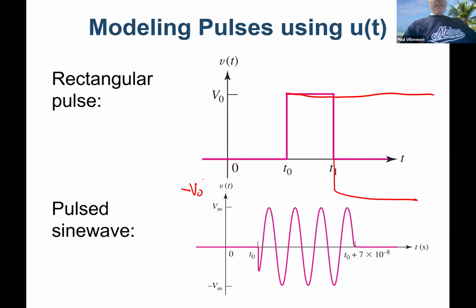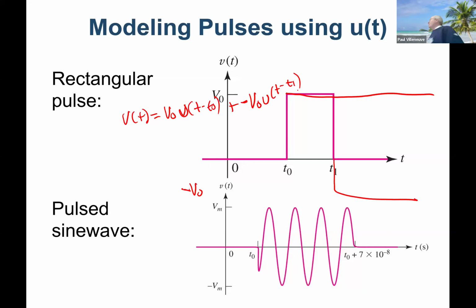So a rectangular waveform, V of T, is equal to V naught times my unit step, U of T minus T0, plus negative V naught times U of T minus T1. That's how you can go ahead and build a rectangular waveform. You just have 2 unit steps. They subtract from each other at whatever time.